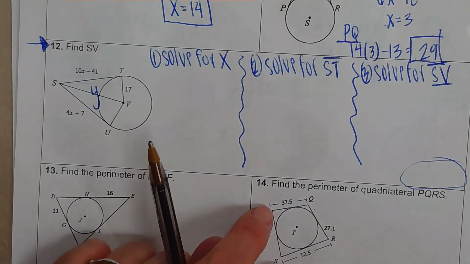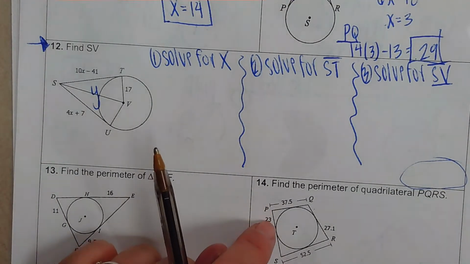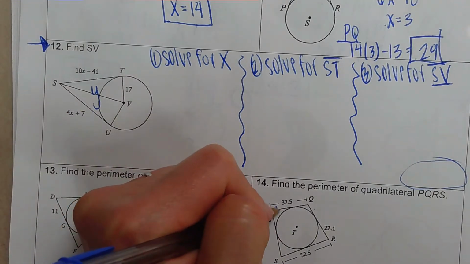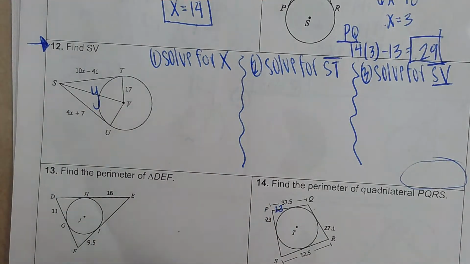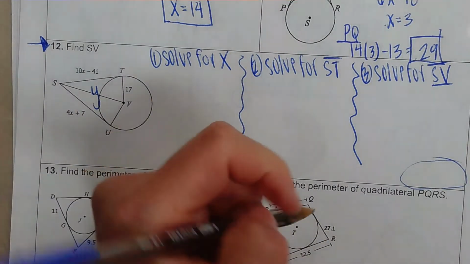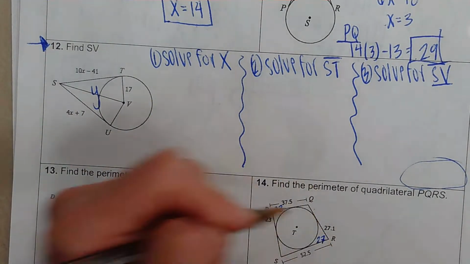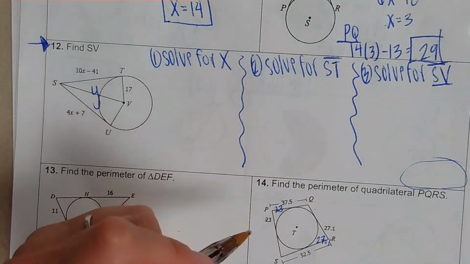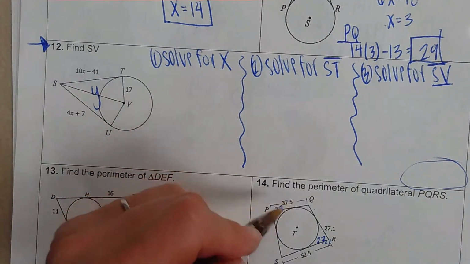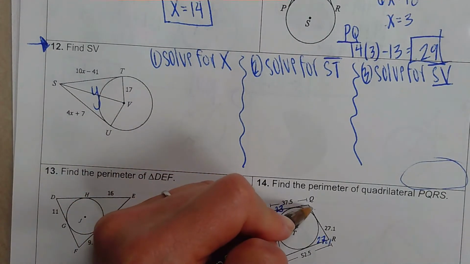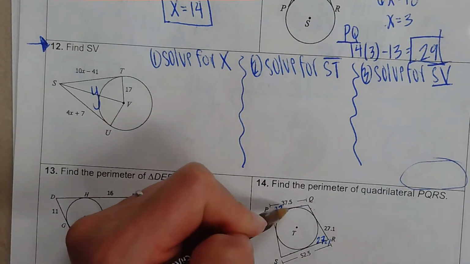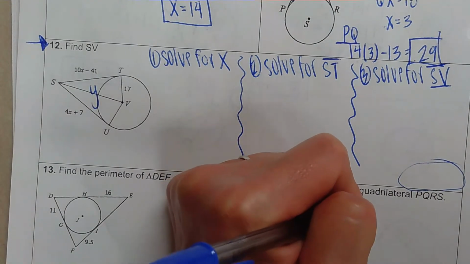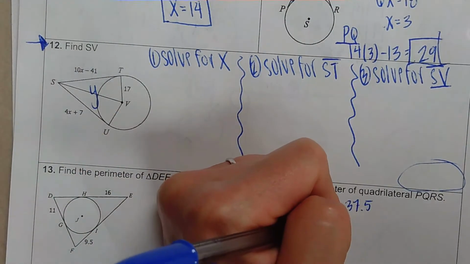Okay. Well, remember, if they come from the same point of tangency, they're congruent to each other. So if this is 23, then this piece would be 23. And if this piece is 27.1, then this piece would be 27.1. Sorry. Okay, well, we've got something tricky we need to figure out. We need to figure out this part, this part, this part, and that part. So to figure out this one, we're going to do 37.5 and subtract that 23.